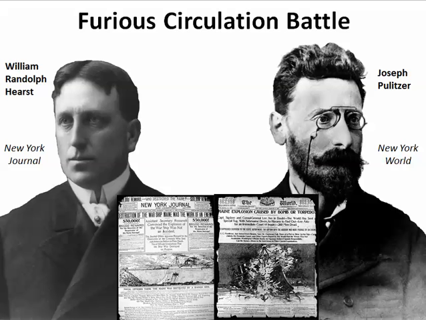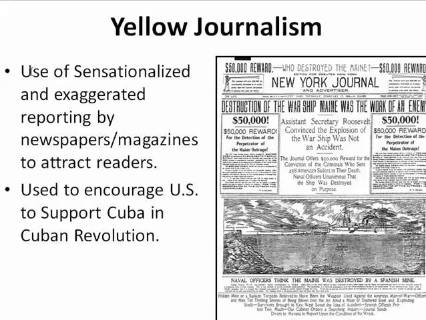And so in fighting for that, they vigorously on a daily basis report on what's going on in Cuba, and they paint Spain and General Weyler out to be a butcher and all these horrible incidents that are going on. It's something we refer to as yellow journalism, or sensationalized or exaggerated reporting by these newspapers to get the attention of the readers.